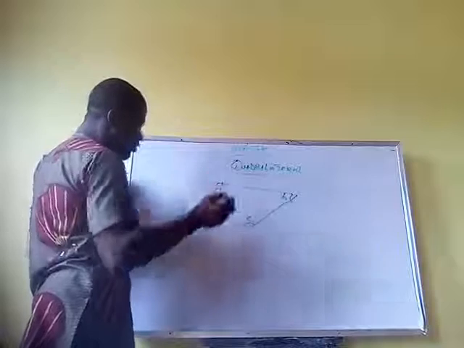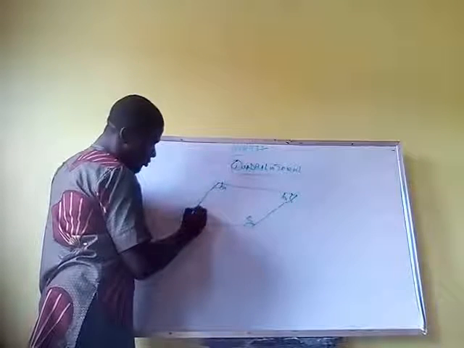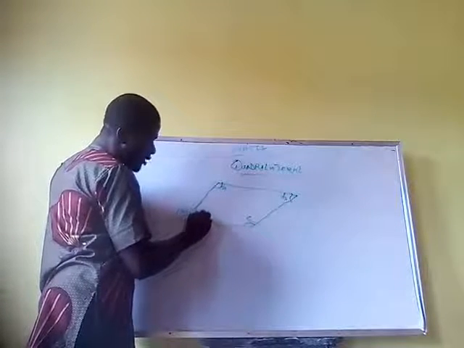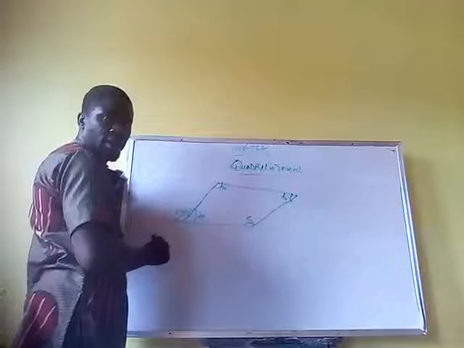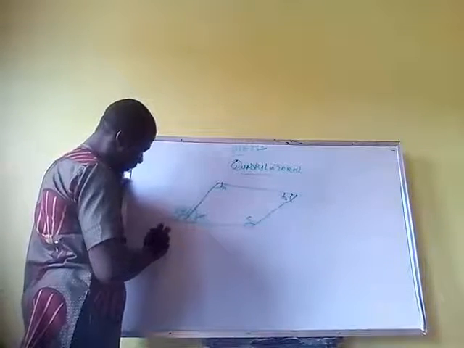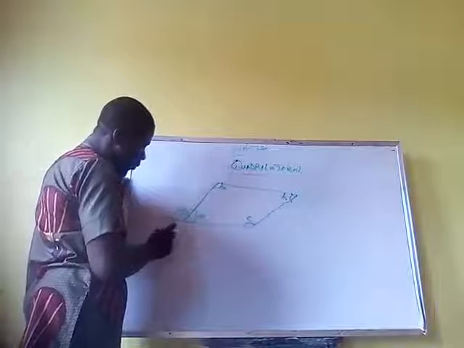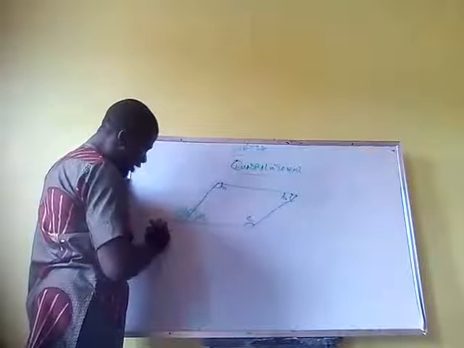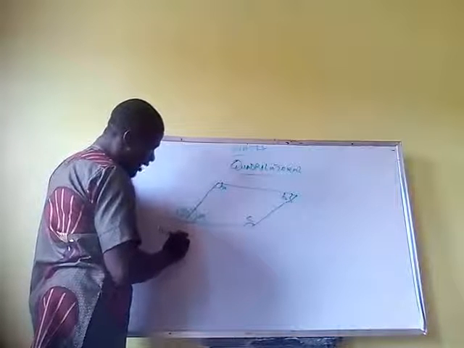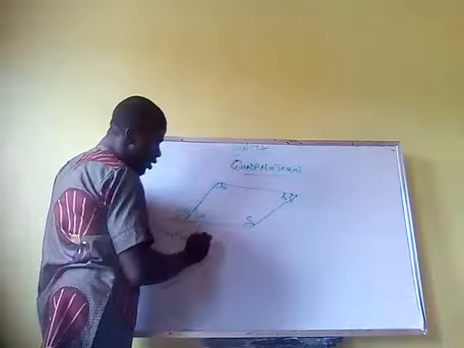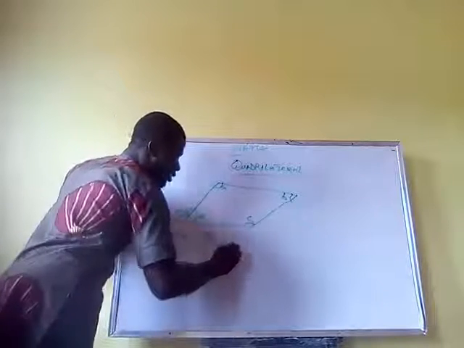But first of all, let us get this. Let's call this place X. Angle on a straight line, this plus this is equal to 180. 124 plus X equals 180 degrees.